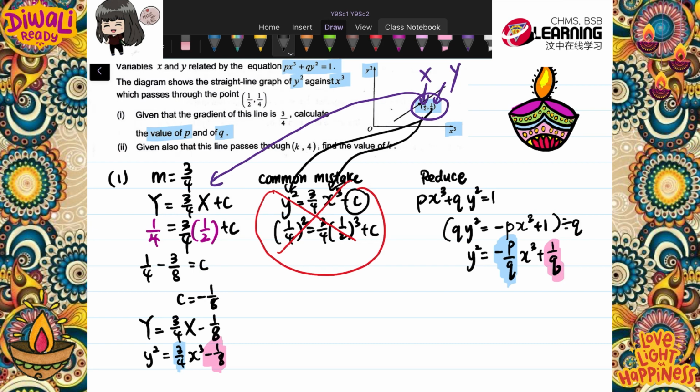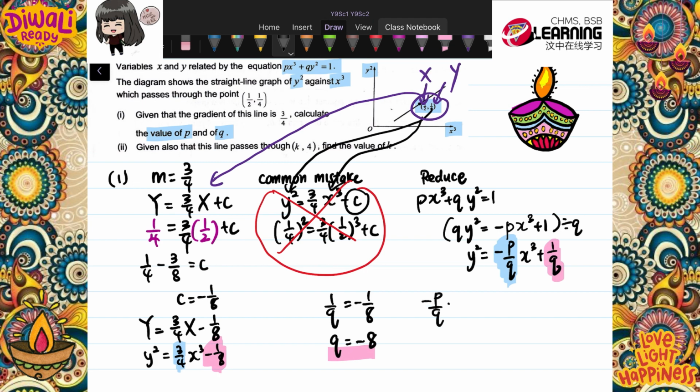Since there are two unknowns here, we find q first. So 1 over q equals negative 1 over 8, so my q is negative 8. This is my answer for q. And then for p, I compare the blue one.